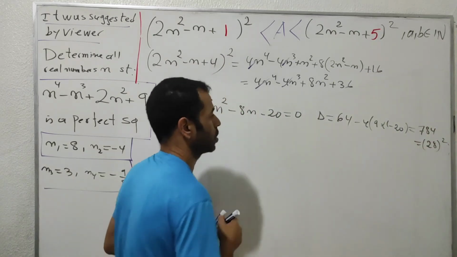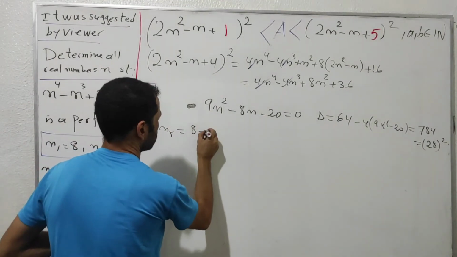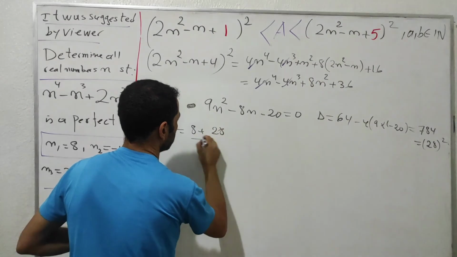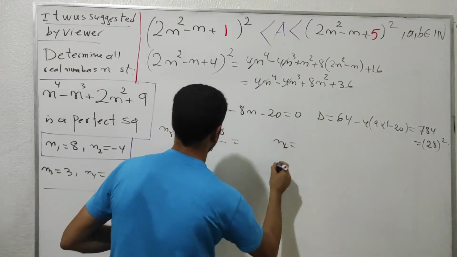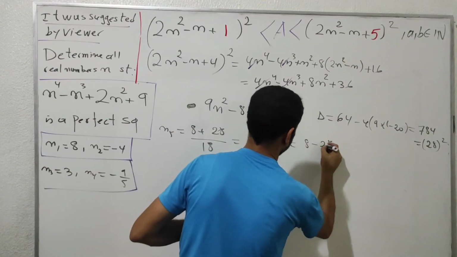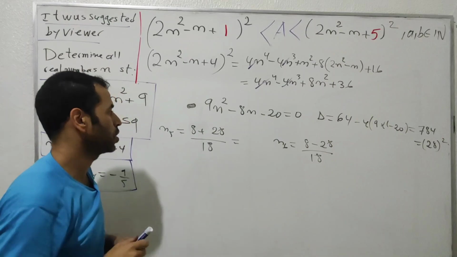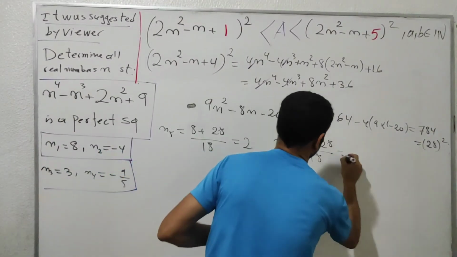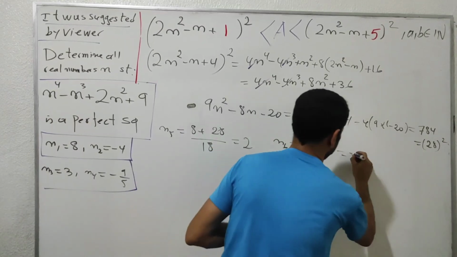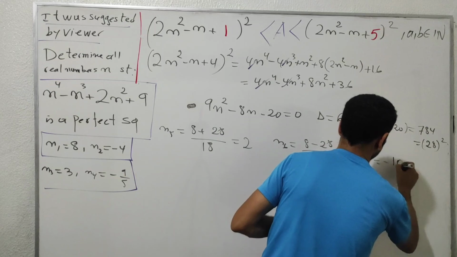Okay, by taking the solution for this one, I get here n5 equals 8 plus 28 over 18, and the second solution, I get here 8 minus 28 over 18. This one I get 8 plus 28, which is 36 over 18, which is 2. This one is giving us minus 20 over 18, which is minus 10 over 9.